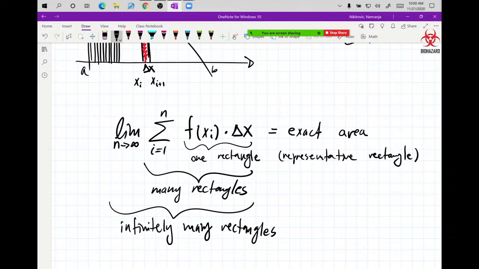No error anymore, because the rectangles are infinitely thin. They fit under each point in the interval, right? The function consists of infinitely many points. That's what the function is, that line. Now, computer science people are going to understand this very easily. Oh yeah, I have 100 pixels, and I just need to light up those 100 pixels.